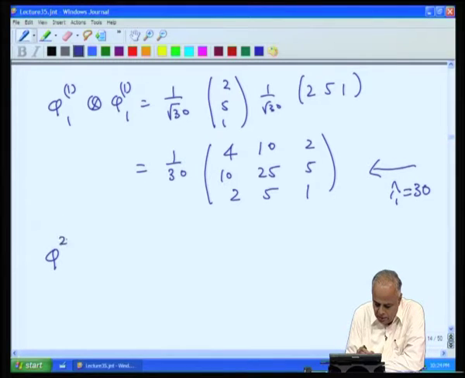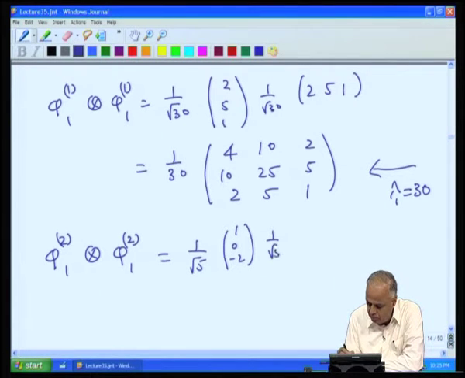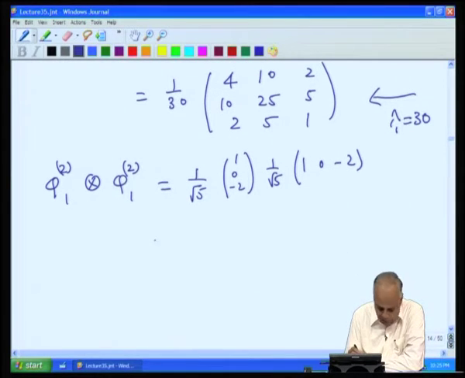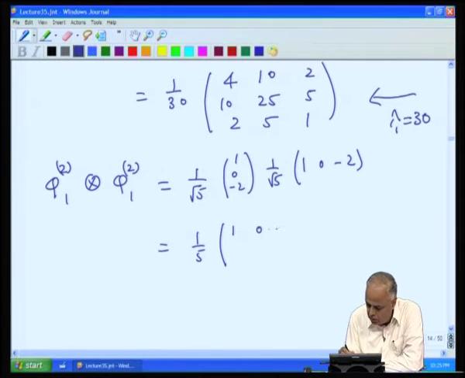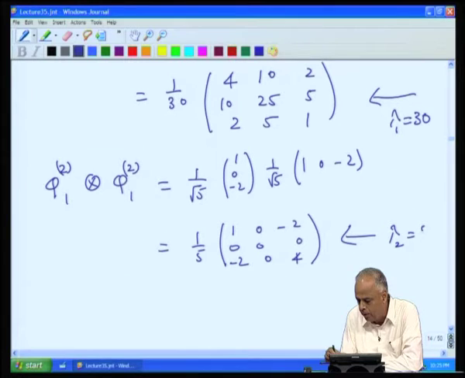Similarly, for the second eigenvalue we calculate phi 2 tensor phi 2, which is 1 by root 5 into (1, 0, minus 2) times 1 by root 5 into (1, 0, minus 2). Again we have calculated this in the earlier example. It turns out to be 1 by 5 times the matrix (1, 0, minus 2; 0, 0, 0; minus 2, 0, 4), and this corresponds to the eigenvalue lambda 2.